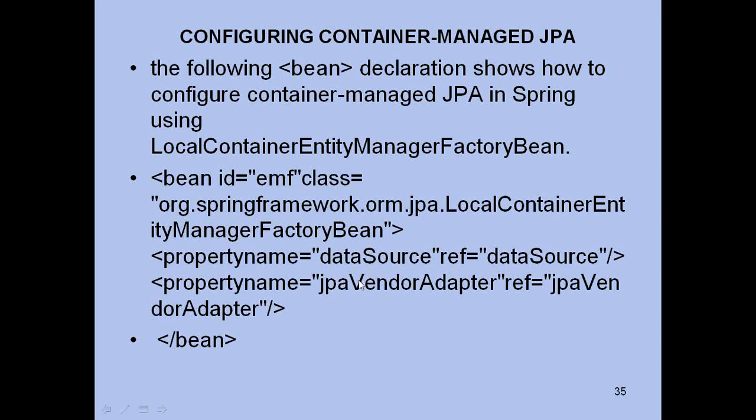Provide the data source, and here you don't need to define persistence.xml. Just inject the data source into that, because the data source is managed by the container again. The second property is the vendor adapter, a vendor specific property. So this is how to get a container managed entity manager factory bean.